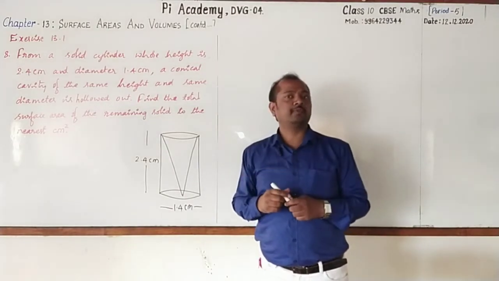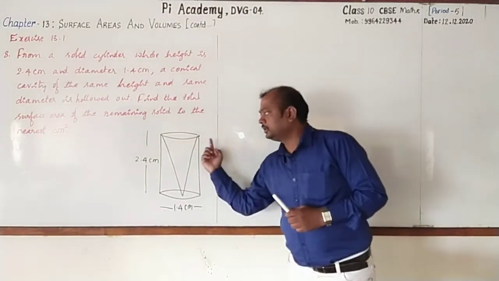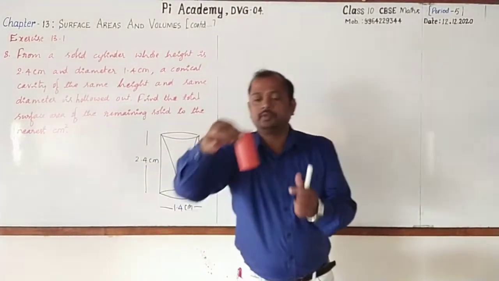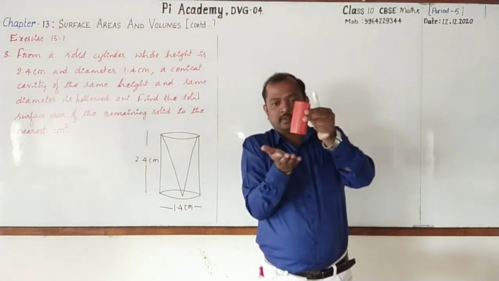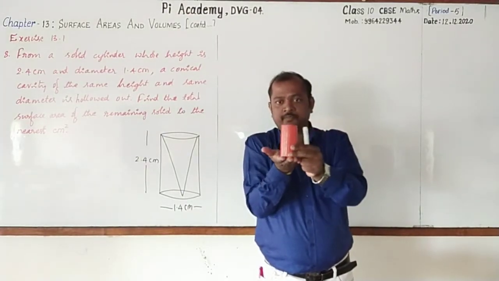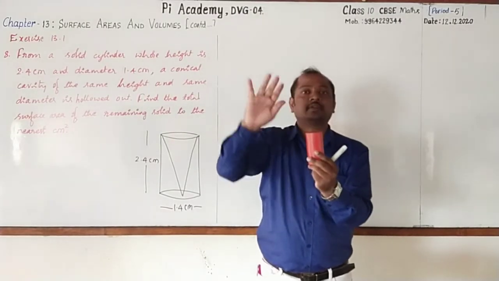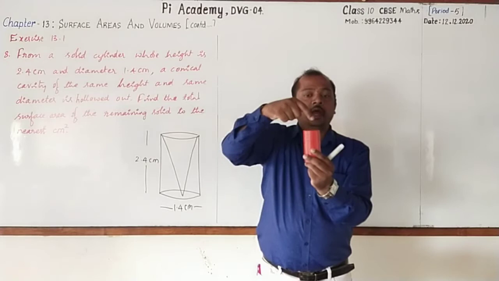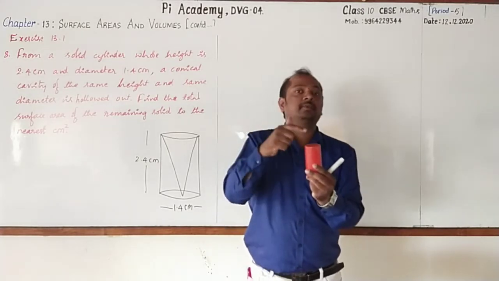But how do you go about finding it out? Yes, no doubt, with respect to the cylinder, here you will consider CSA plus area of the base. As the conical cavity is to be made, this circle is removed, right? And the conical cavity, can it be seen or not? Yes, it can also be seen.